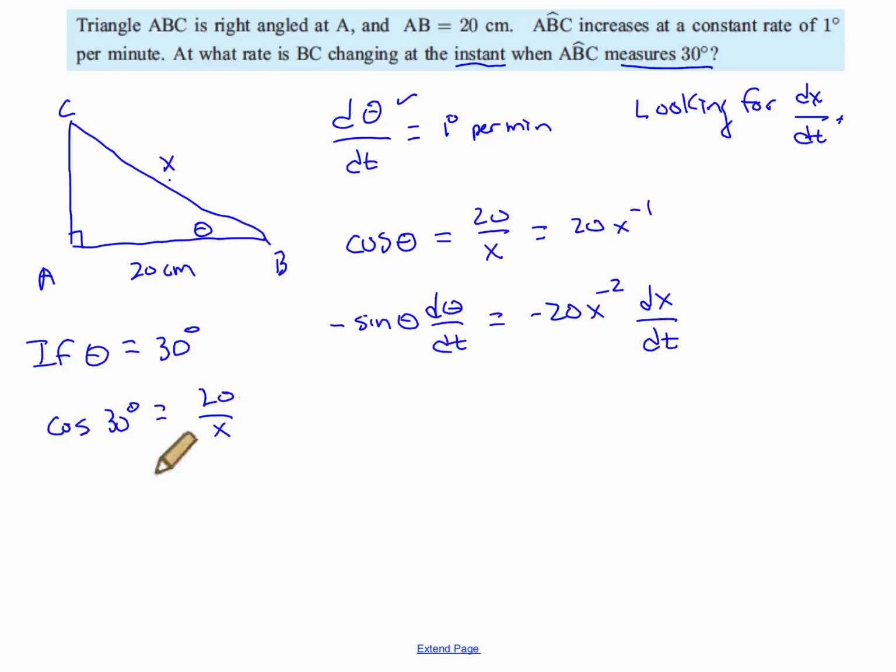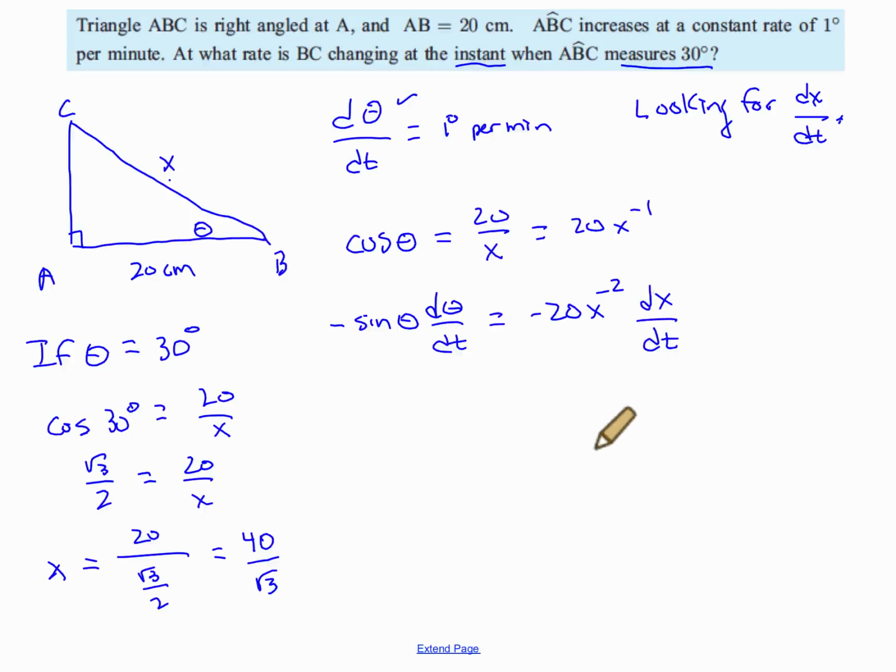That's root 3 over 2. So I'll go ahead and write it out step by step. Root 3 over 2 equals 20 over x. X is going to be equal to 20 over root 3 over 2, which is 40 over root 3, if we wanted to be exact, which we are going to stay as right now because we're not solving for x, we're solving for dx dt.